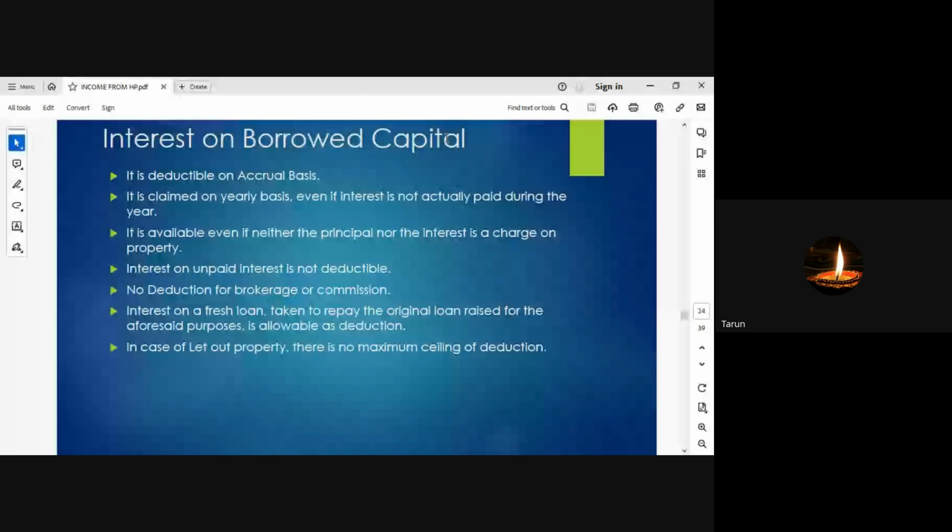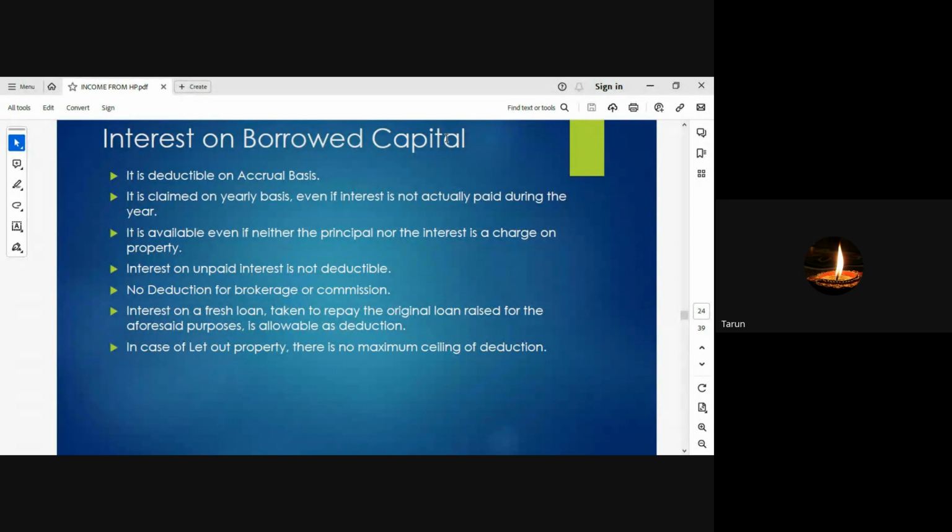Deductions for commission are also important. Suppose a broker has received a commission. Would that commission be included in the rent, taxable under the head income from house property, or deductible under section 24? So the answer is no. No deduction would be allowed on the brokerage or commission received by the broker or mediator of that house property, right?